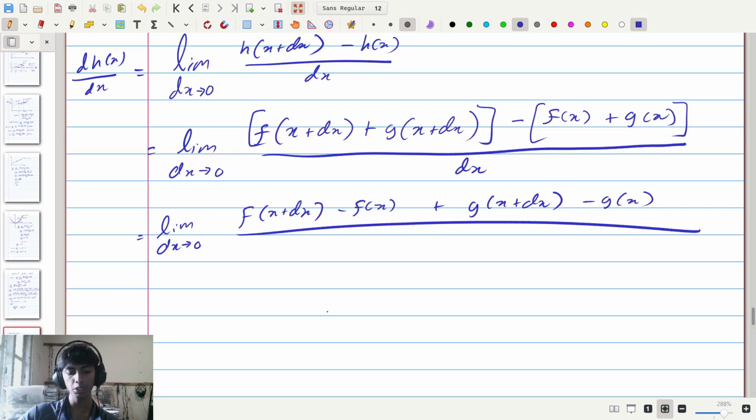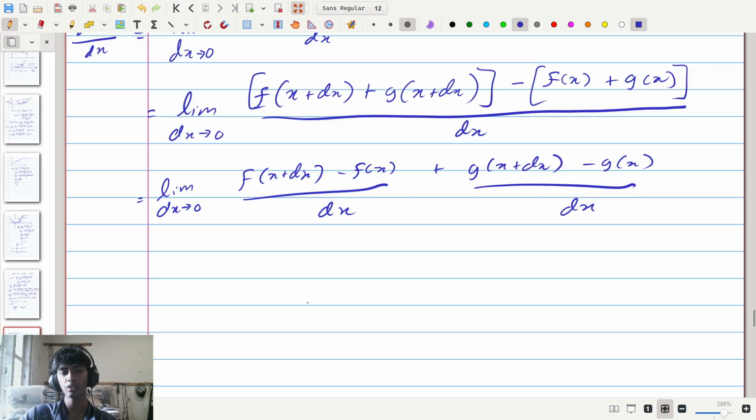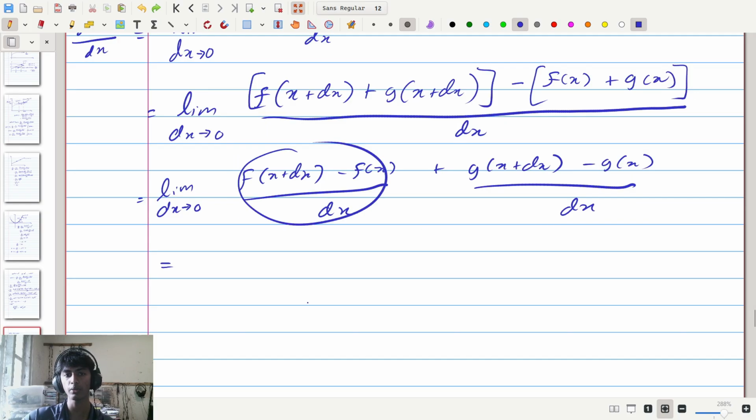But I can split that into two fractions, the first thing divided by dx and the second thing divided by dx, added together. And now finally we're going to use one more thing: the law of limits, where the sum of the limits is the limit of the sum. So here we have a limit of a sum, which means it's equal to the sum of the limits. We take the limit of this thing, the limit of that thing, and sum them together.